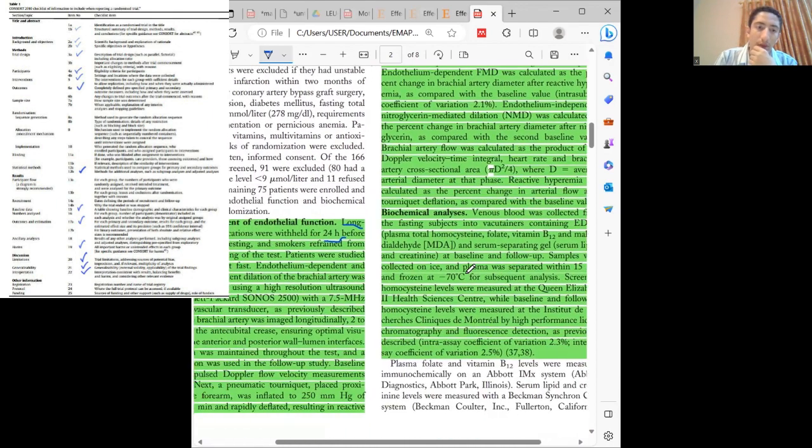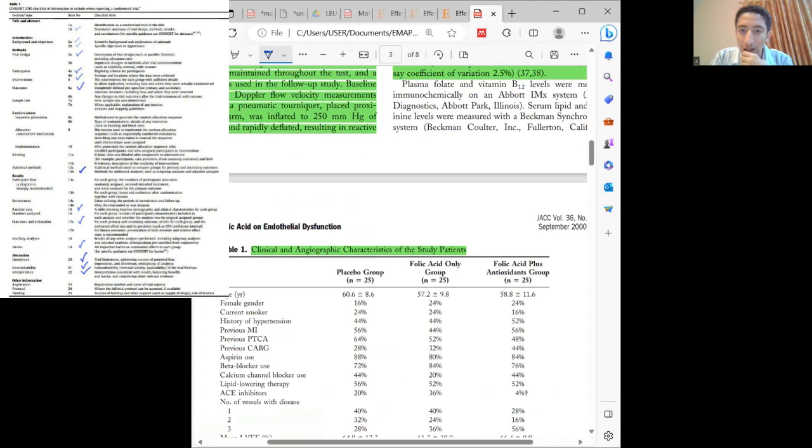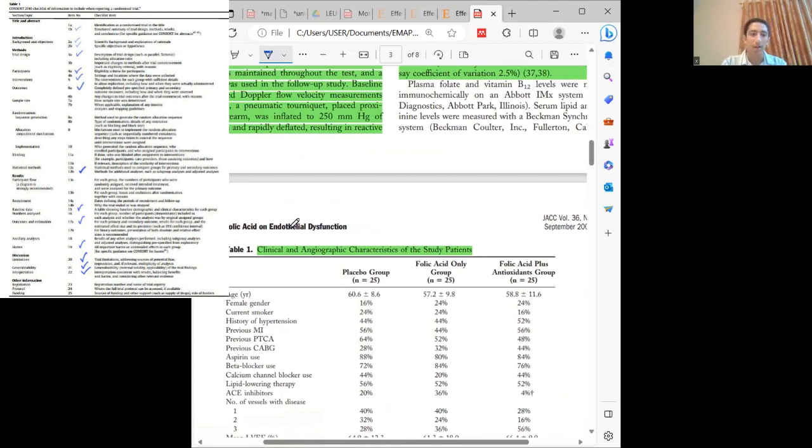So we move to the table. In this table, clinical and angiographic characteristics is the baseline data. We can move on to the results. Methods done. Then the results: participant flow, which we cannot find.